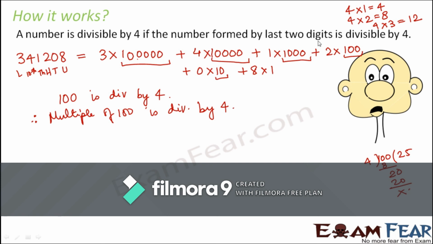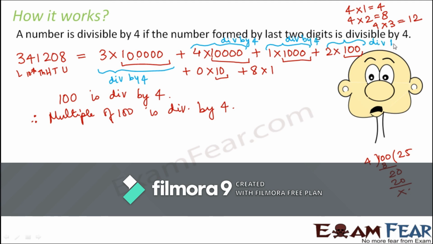Right? So that way, when you look at these terms, what do you see? You will see that this term is divisible by 4. Why? Because this term is basically a multiple of 100. What about this term? This term is also divisible by 4. This term contains 1000, so it is also divisible by 4.